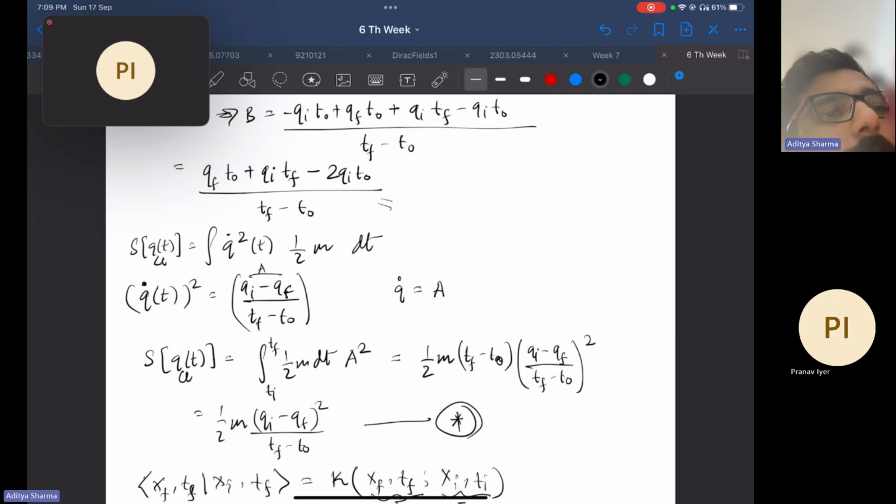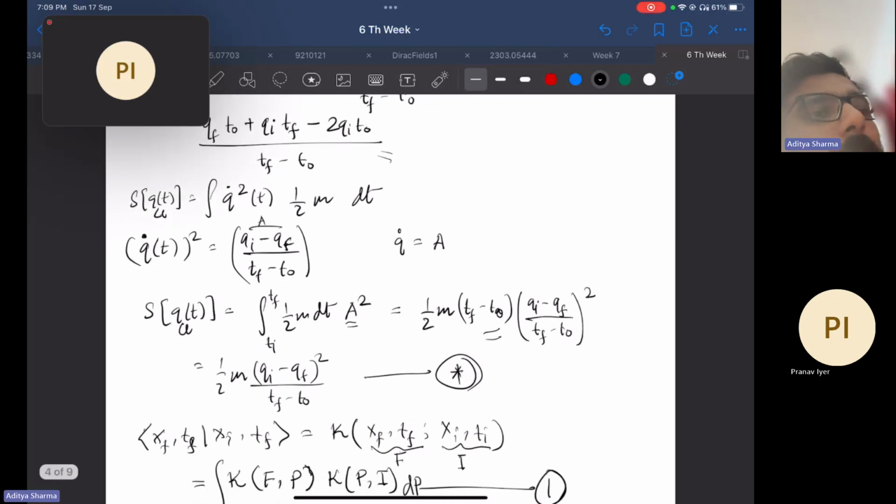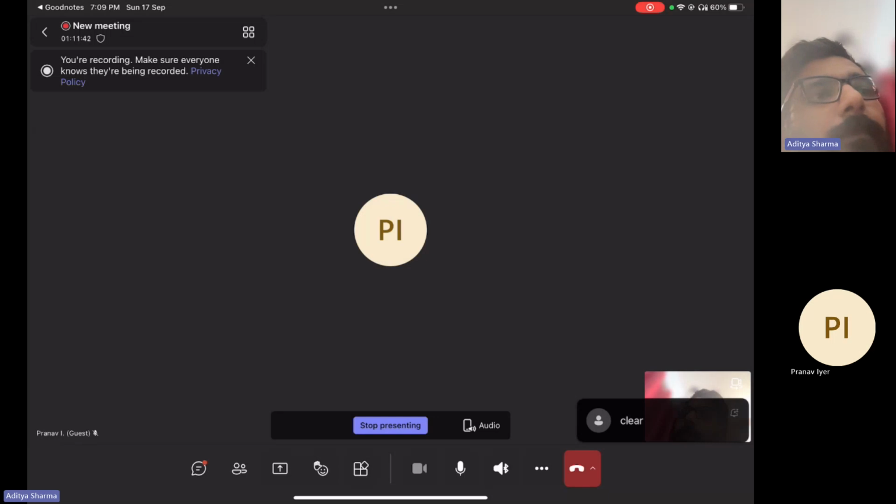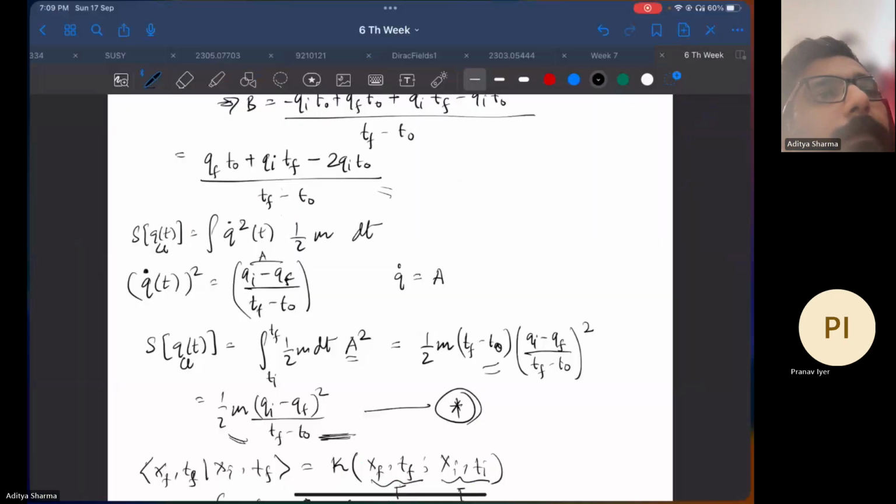So dt should be here, half m a squared, and since a is just a constant, the integral gives me tf minus t0. So my S classical is this: the action evaluated over the classical path for a free particle. So clear till here? Let's carry on.